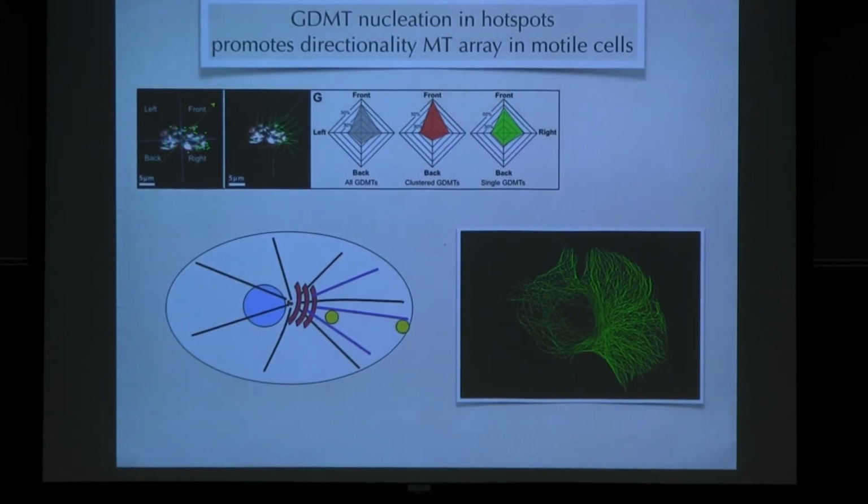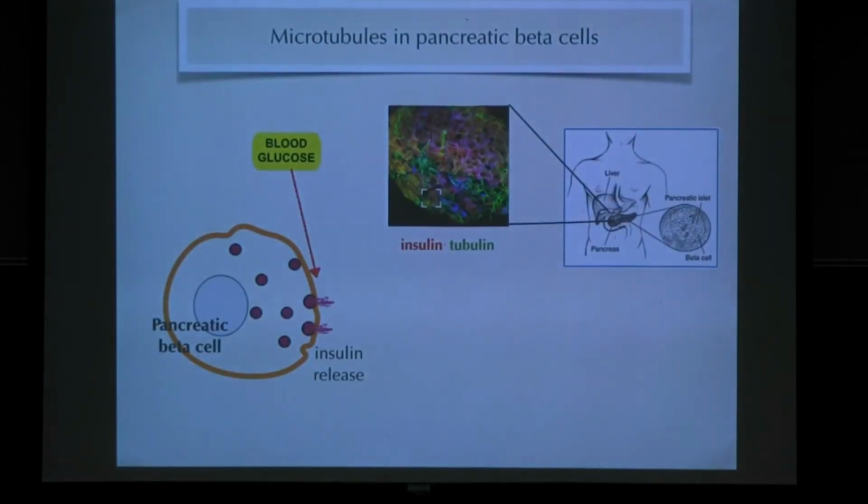So yeah, and the trafficking is again required for cell polarity and cell migration. So this is our little attempt to computationally analyze the directional arrays for delivery of factors to the cell front in migrating cells. But intracellular trafficking is important in many different systems, but there are some cells which do it for life. That's all they do.